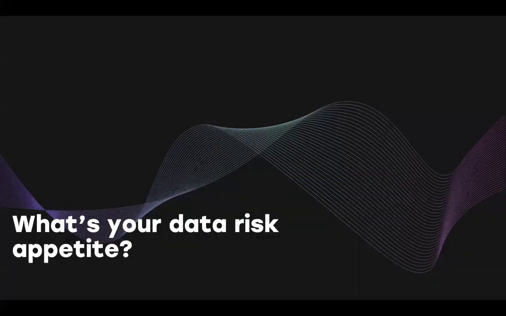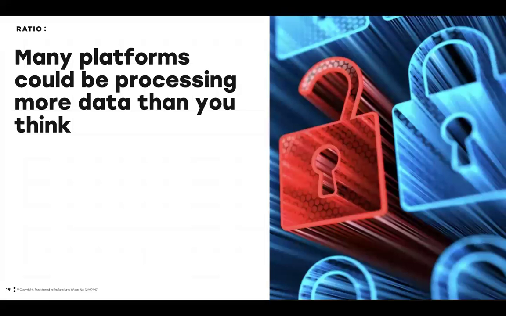The second thing to think about is your data risk appetite. This can be a bit of a gotcha for a lot of businesses, especially if you're heavily regulated. There's a lot of data that these platforms could be processing. Obviously, conversation queries: you would expect in most platforms to be able to review conversations that have happened, to see what people are asking about, whether it's successful, and whether there were complaints or friction points.